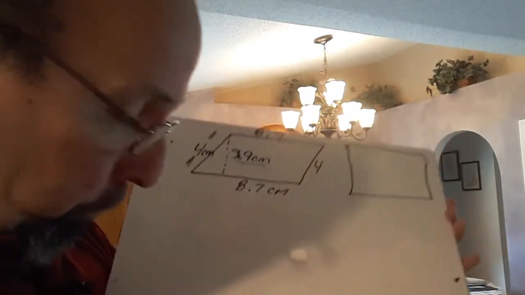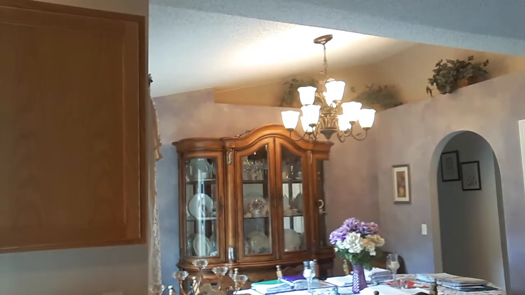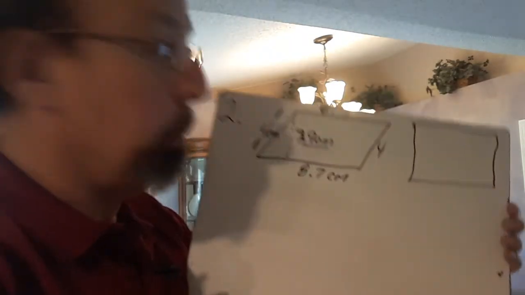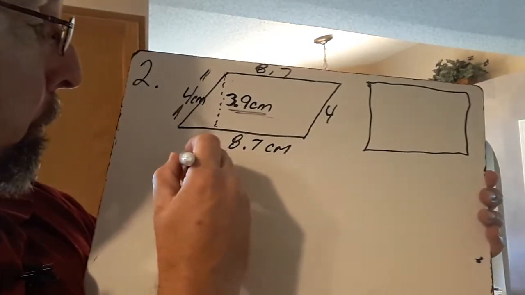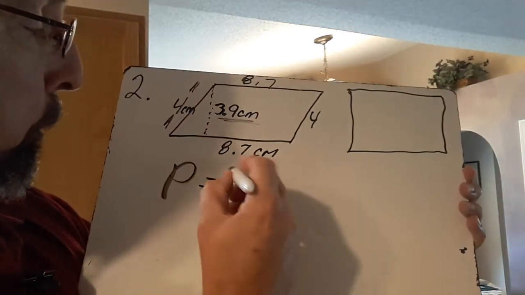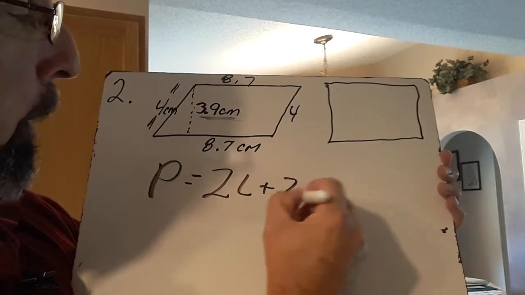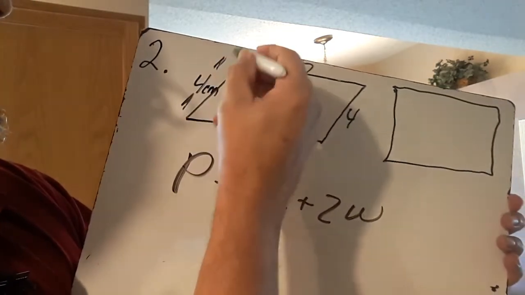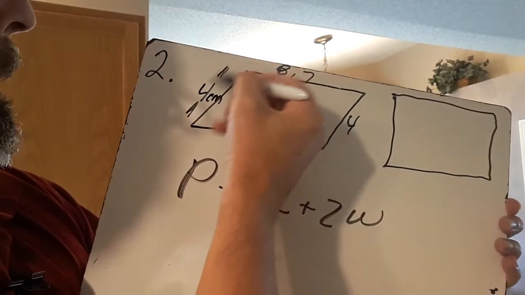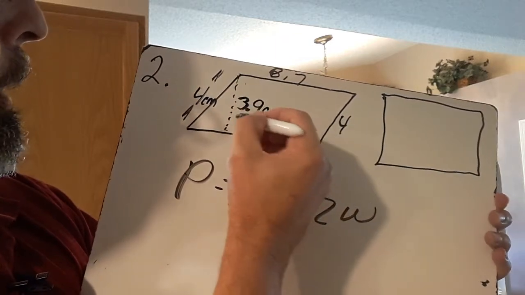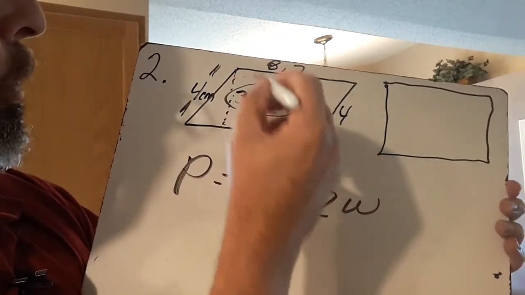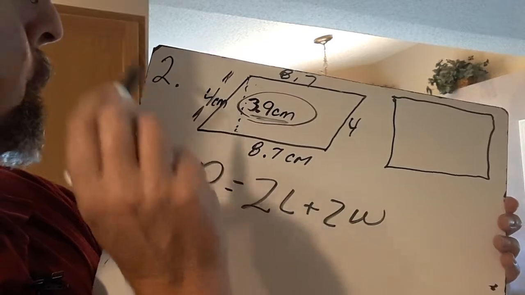Perimeter, quickly. Whoops. Okay, I'm back. Perimeter is still equal to 2L plus 2W. But this is the width, not this. So use this for area, you use this for perimeter.